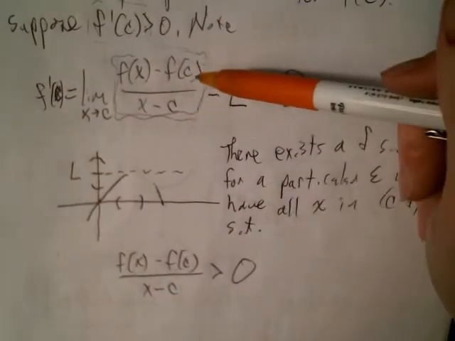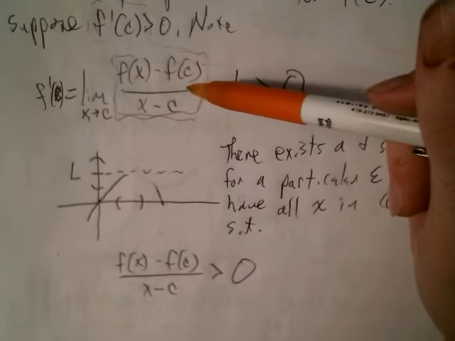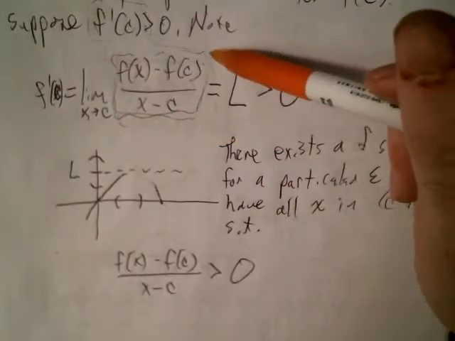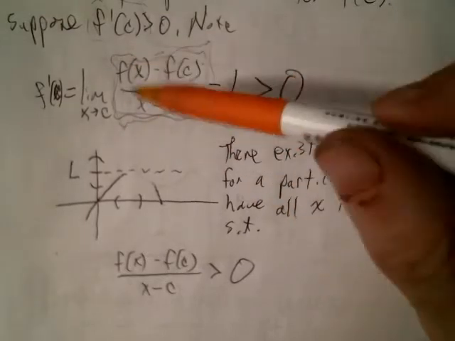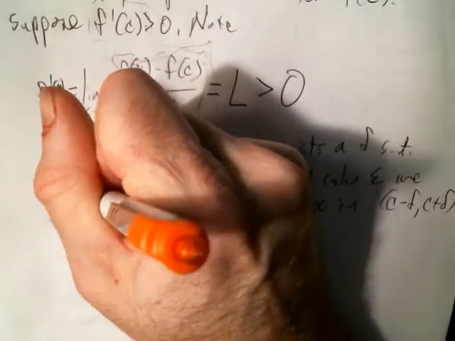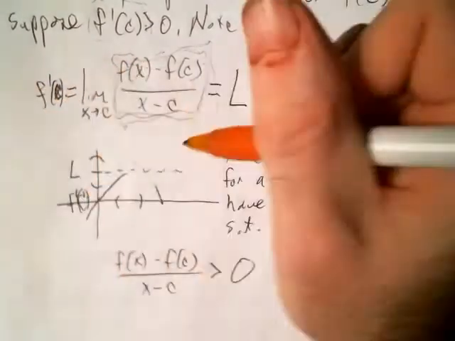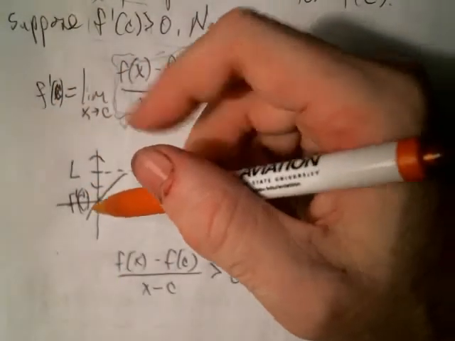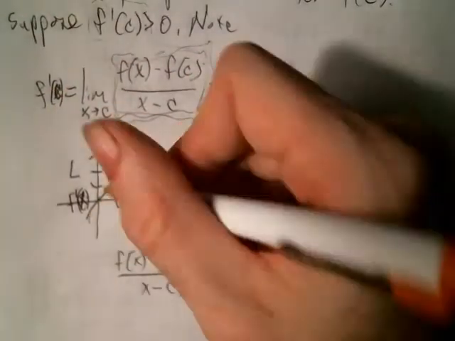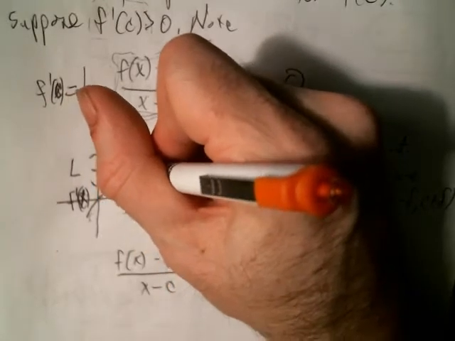So the derivative is a function itself. It's just this thing right here that we're taking the limit of. So you can pretend that this thing right here is a graph of something, like we're calling it f prime of x. And if you graphed it, you get some sort of curve.